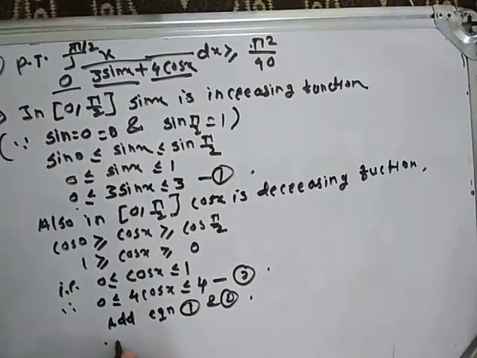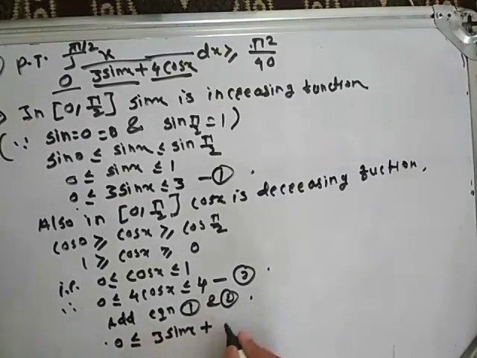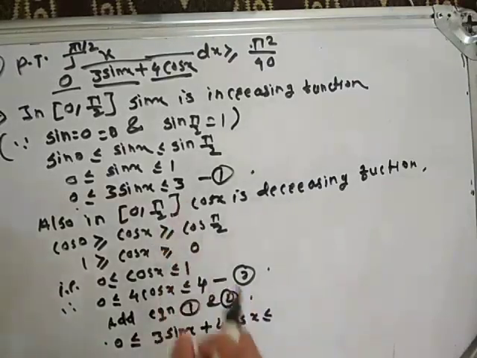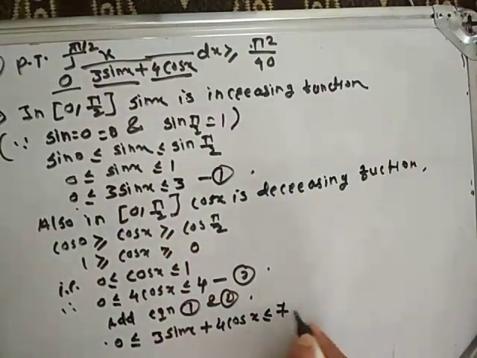We will get 0 is less than or equal to 3 sin x plus 4 cos x which is less than or equal to 4 plus 3 is 7.